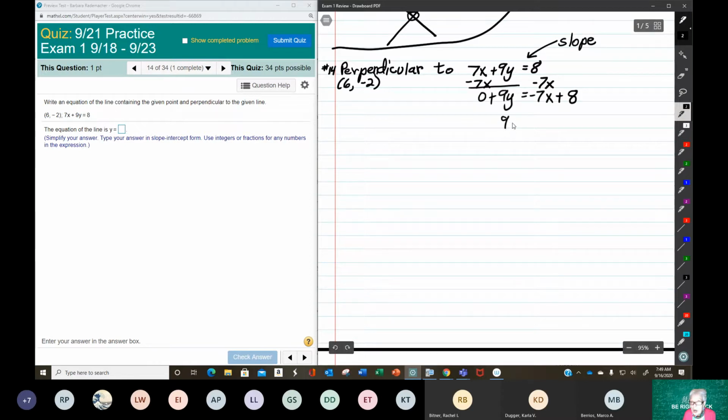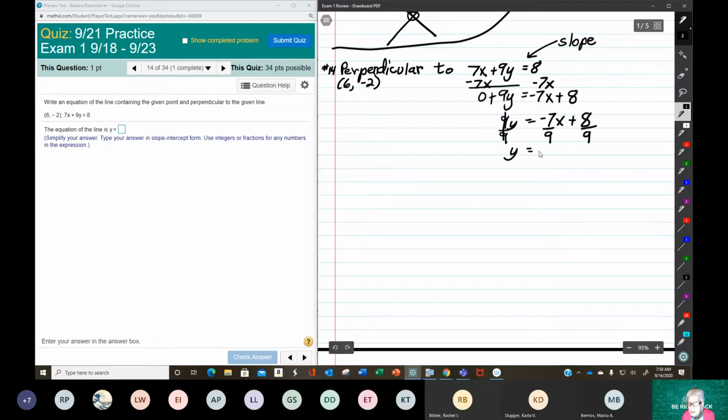So we have 9y equals -7x plus 8. Then to get y by itself, to solve for y, we divide by 9 and divide by 9 and divide by 9. It's easier to just go straight to that step. Every number gets divided by 9. Every term gets divided by 9.